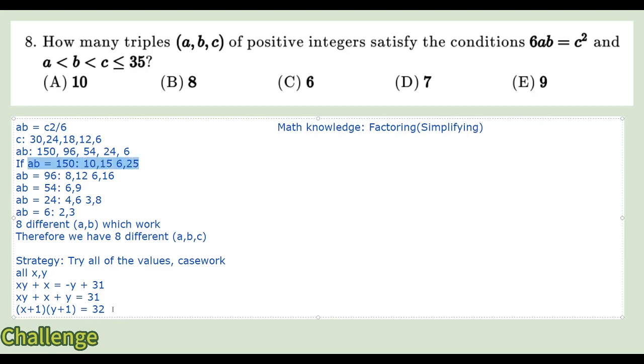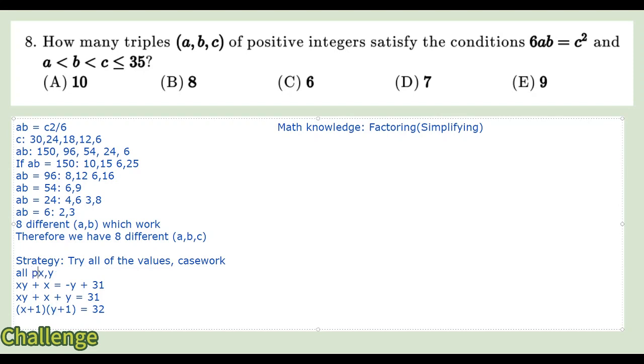We know that 32 can be broken up into 1 times 32, 2 times 16, etc. And we can plug in these values and figure out the values of x and y. So that's an example of trying to find all of the sets of positive integers that satisfy a condition.